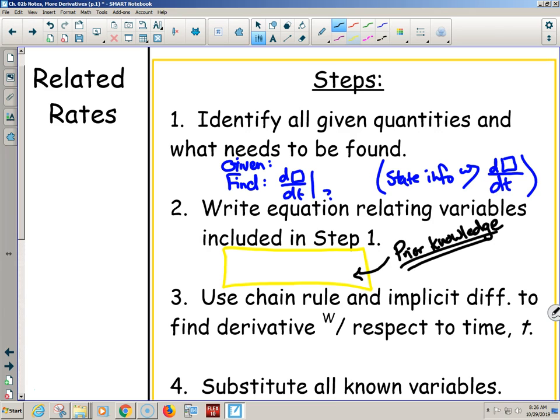Things that fall under prior knowledge could be things like Pythagorean theorem, could be things like SOHCAHTOA, could be things like all your geometry formulas with area and volumes and surface area and who knows what. So some formula from prior knowledge.